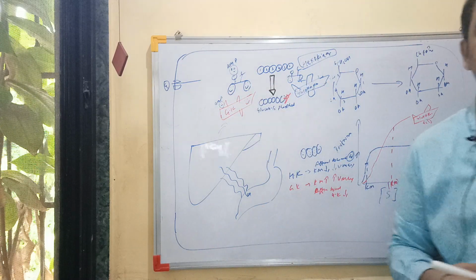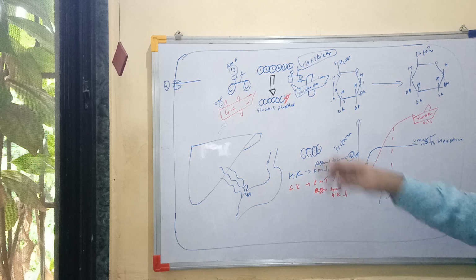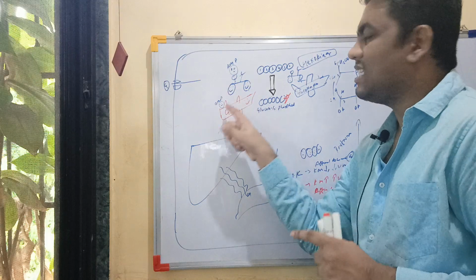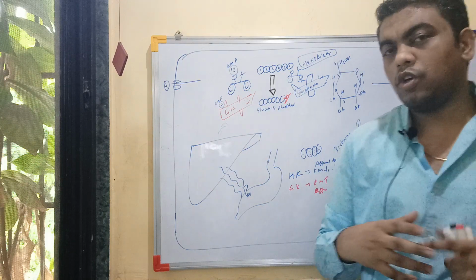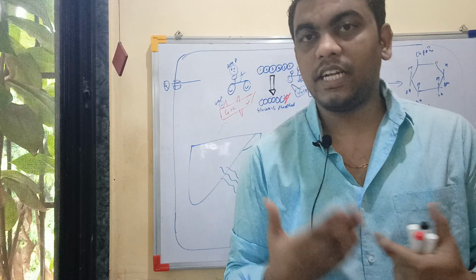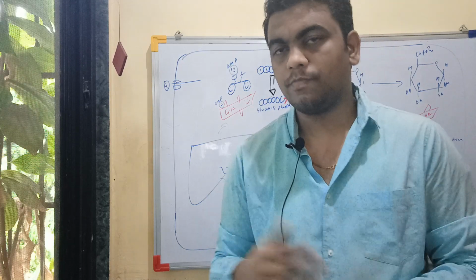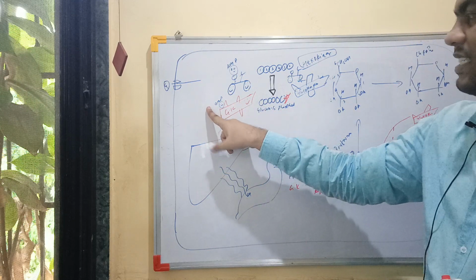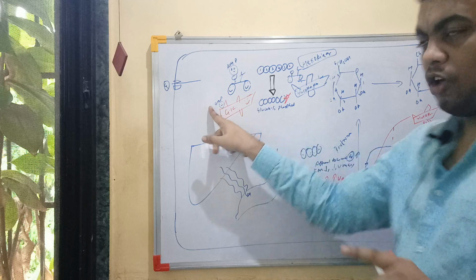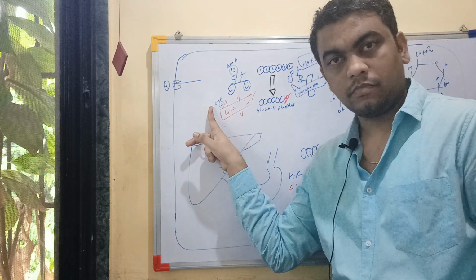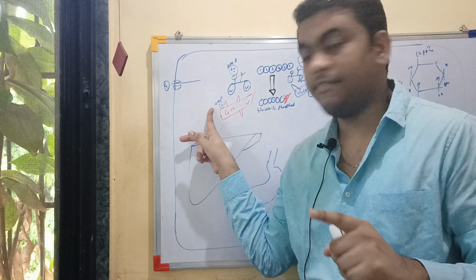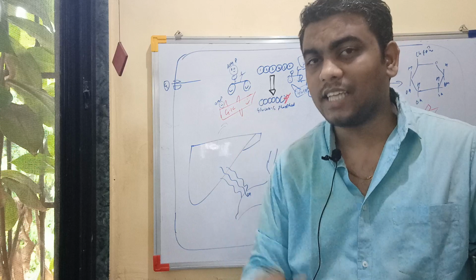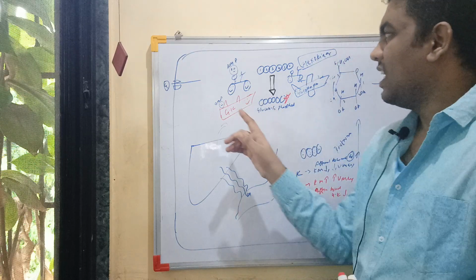If the AMP concentration is more in the cell, these enzymes will be activated. In the start of the metabolism lecture, we discussed the AMP to ATP ratio. If the AMP concentration is very high, because there are lots of AMP, lots of AMP means there is less amount of ATP, correct?